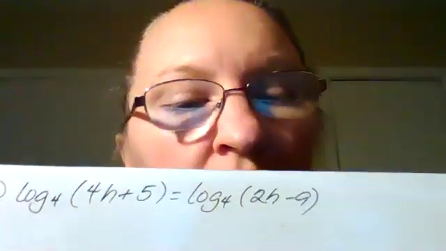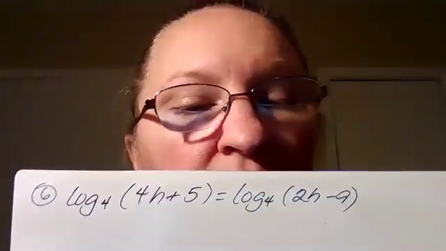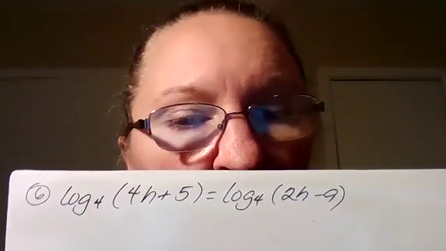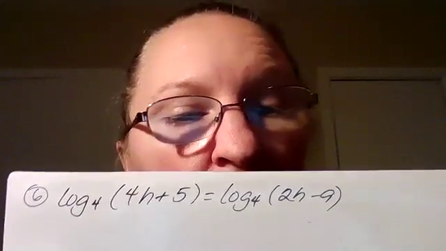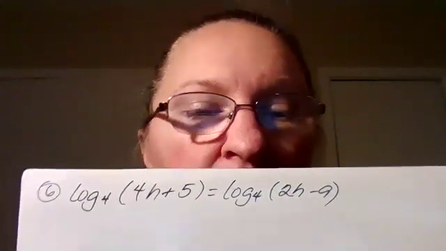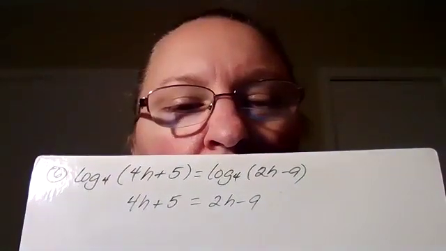Okay. All right. So I have log base 4 of 4h plus 5 is the same thing as log base 4 of 2h minus 9. So if I ignore the log base 4 part, I know that 4h plus 5 is the same as 2h minus 9. Like so.